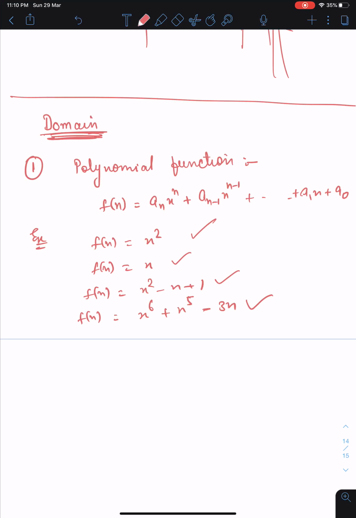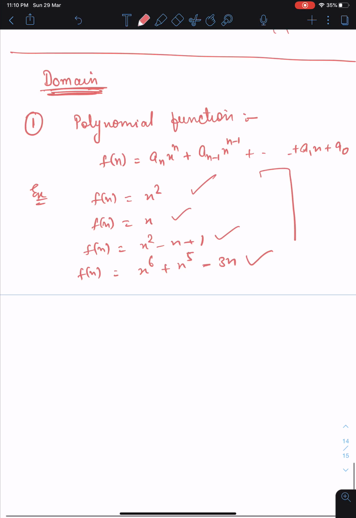If you forgot, you can go through your 10th class and understand what polynomial functions are. So for all kinds of polynomial functions, the domain of the function will always be R. What is R? Real numbers. So whenever a polynomial function is given, don't use your mind, just remember that for any polynomial function, the domain will always be R.